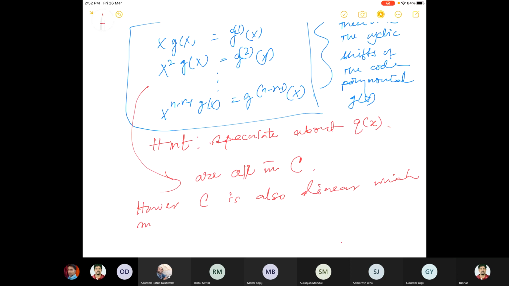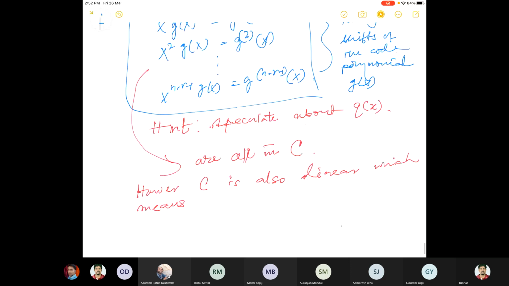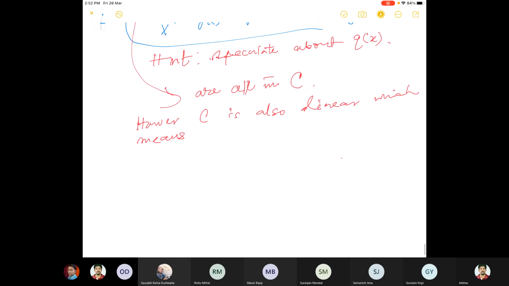So our C is also linear, which means the following: some polynomial, let's say V(x), which is a linear combination of all of this.